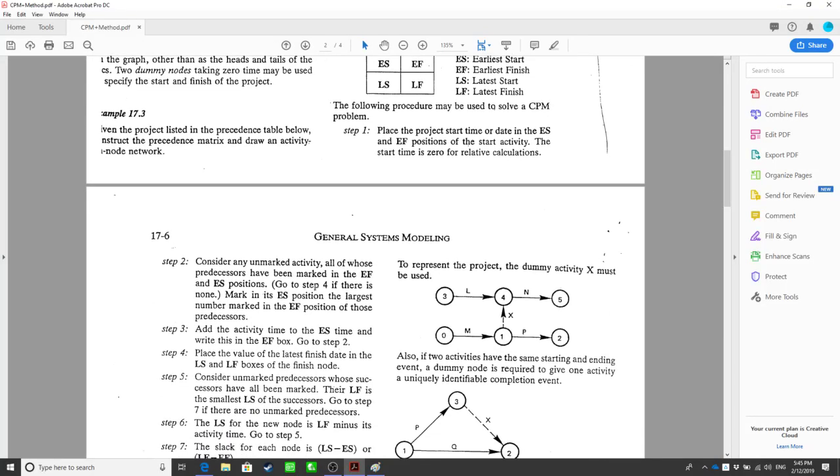Second step: consider any unmarked activity, all of whose predecessors have been marked in the EF and the ES, and mark in the ES position the largest number marked in the EF position of those predecessors. That sounds a little bit crazy, right? But let's do it.